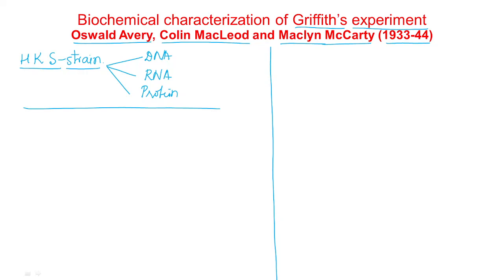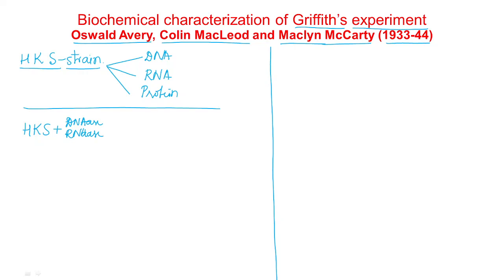They have used some enzymes to destroy them one by one, and they have added them one by one to the live R strain. I will explain it now. See what they have done. They have taken heat killed S strain bacteria. To this, they have added what? The enzyme DNase and the enzyme RNase.